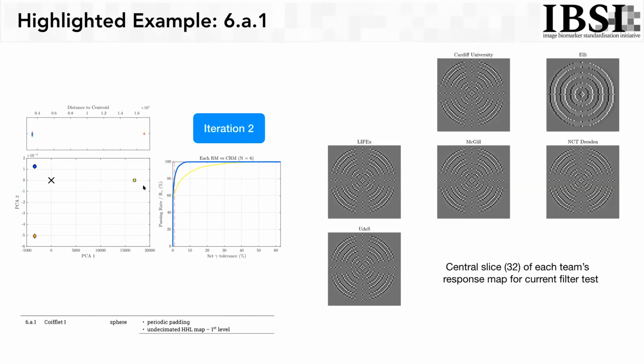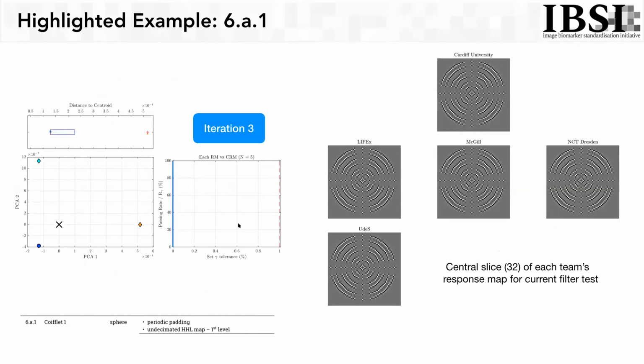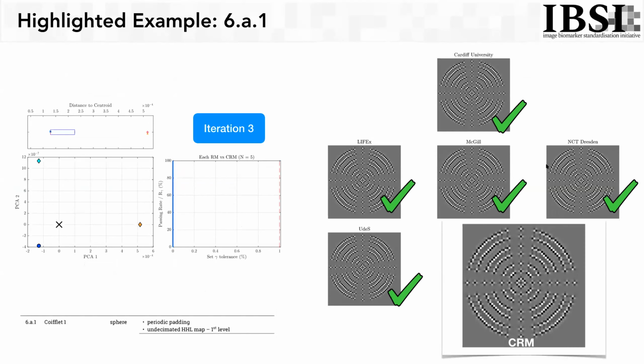Again, the results are still not within the tolerance that we've set. So then we iterate again, we remove, and then we find that all of these teams are within a tolerance of the consensus response map. So we consider this one to be standardized, or to be the valid consensus result currently.